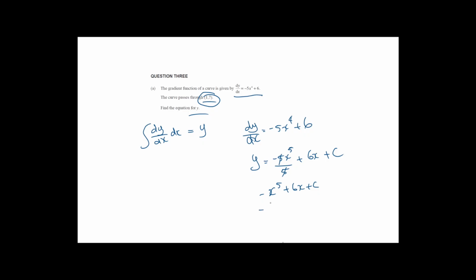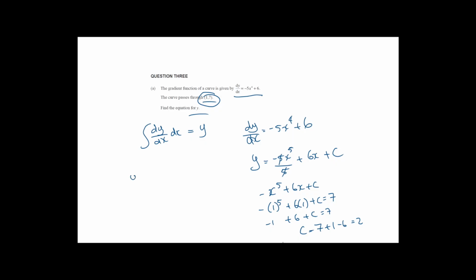So negative 1 to the power of 5 plus 6 times 1 plus c equals 7. 1 to the power of 5 is 1, so negative 1 plus 6 plus c equals 7. So c is going to be 7 plus 1 minus 6, which is 2.